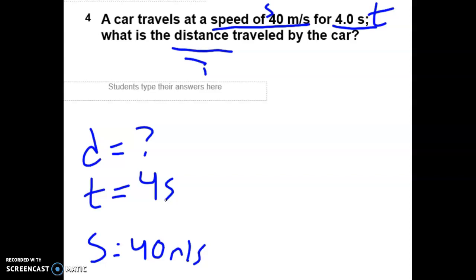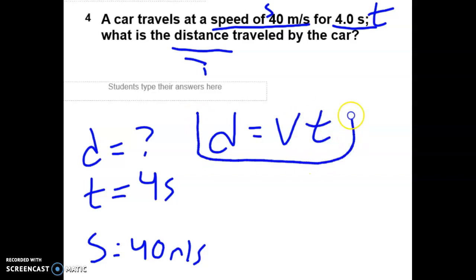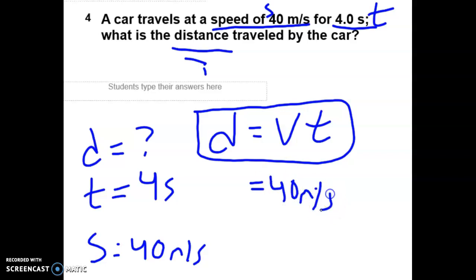Now we're going to get a new equation. The distance that we move is equal to the velocity times the time. That's the new equation. So the distance is equal to the velocity it travels at, 40 meters per second, multiplied by, whoops, that's a parenthesis, 4 seconds.